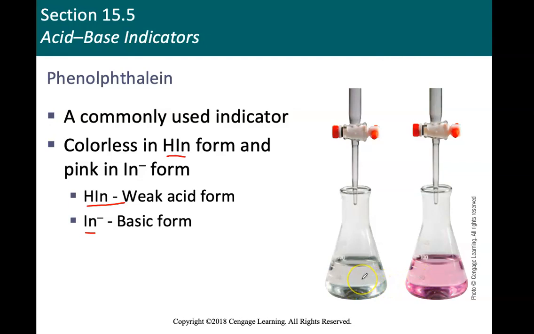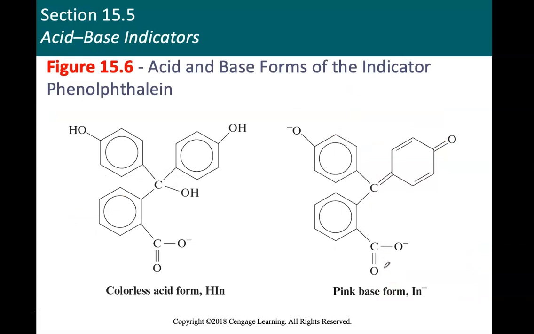In the acidic medium, you have colorless, and in basic medium it is the pink color. So that's the structure of phenolphthalein. It has 3 benzene rings connected to a central carbon. One of the benzene rings is carrying a carboxylate functional group, and there is a hydroxyl group on each of the other 2 benzene rings.